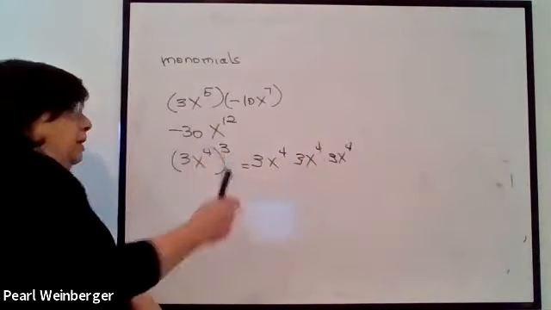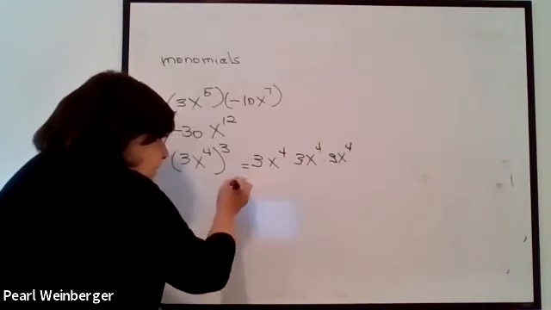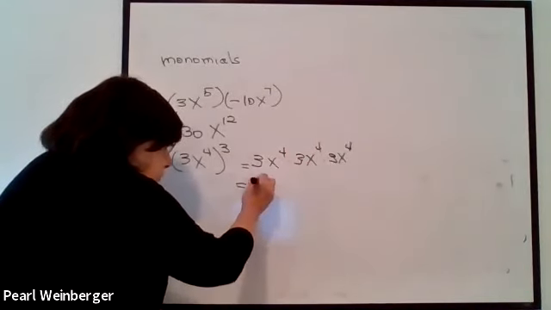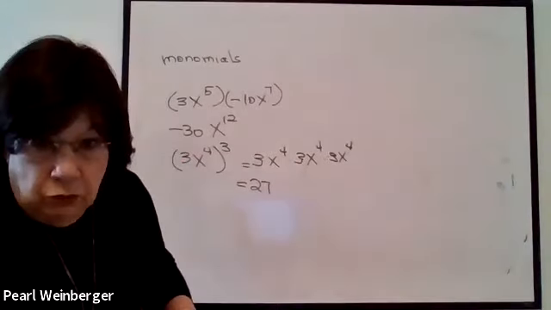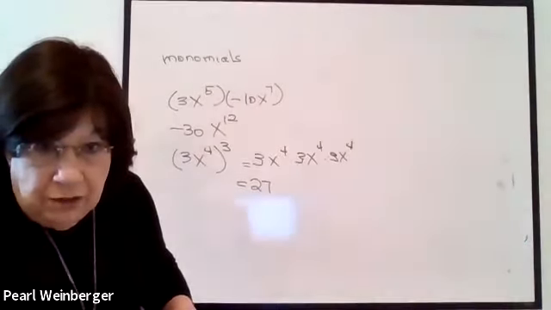That's what the exponent is telling us. So if I want to do it that way, I'd have to do 3 times 3, which is 9, and 9 times 3, and that would give me 27. Don't forget, you have to do the 3 to the exponent as well.